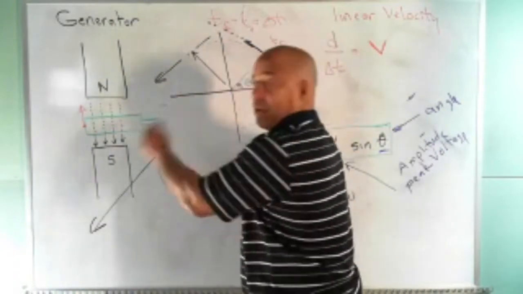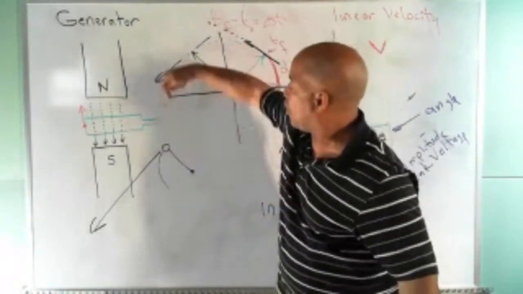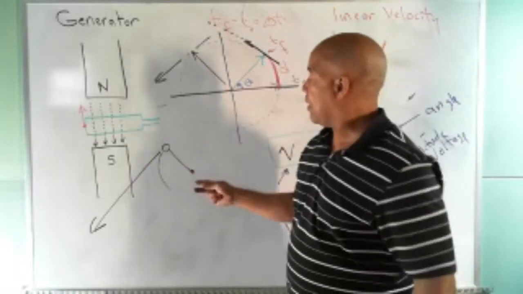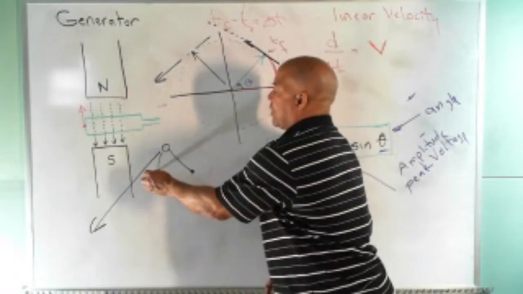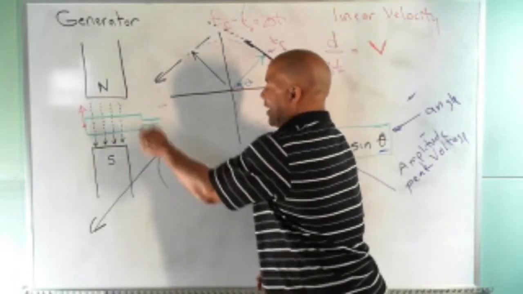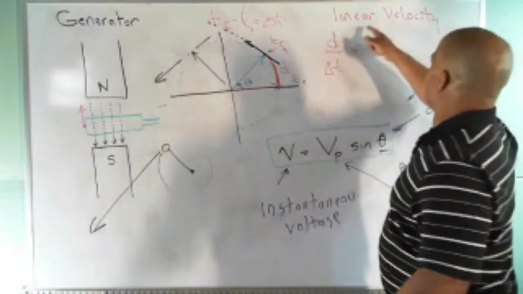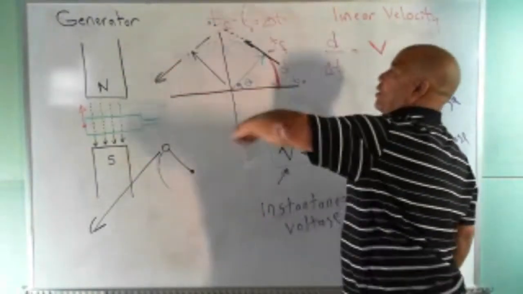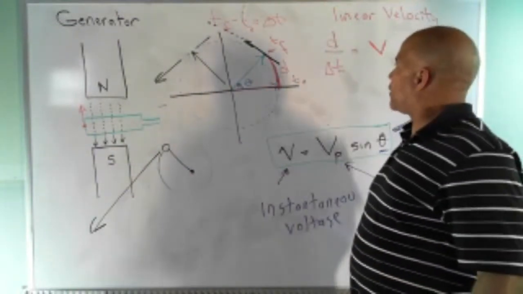It's not going to continue to go in the circle. The only reason it's going in the circle is because the string is pulling toward the center. That's called a centripetal force. But if I were to cut that, it'll go in a straight line because at every position of the circle, the thing is really moving in a straight line. And so that's why they call this a linear velocity. It's just straight line velocity at any point, even though the overall trajectory looks like it's moving in a circle. So that's one of the things we can do.